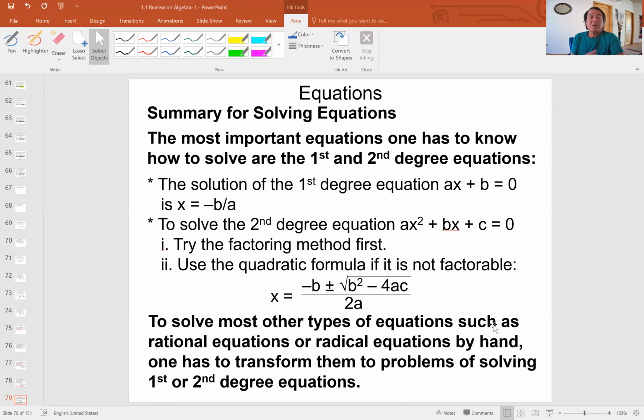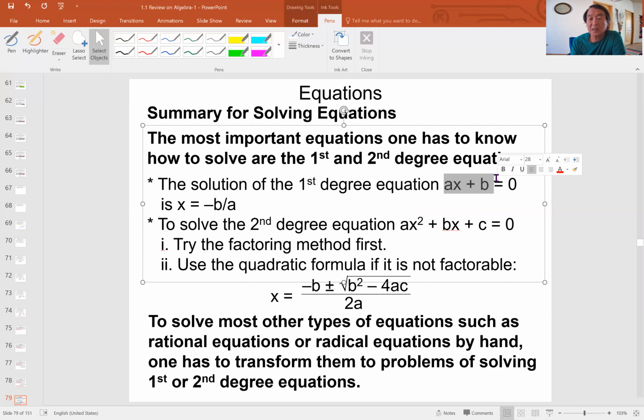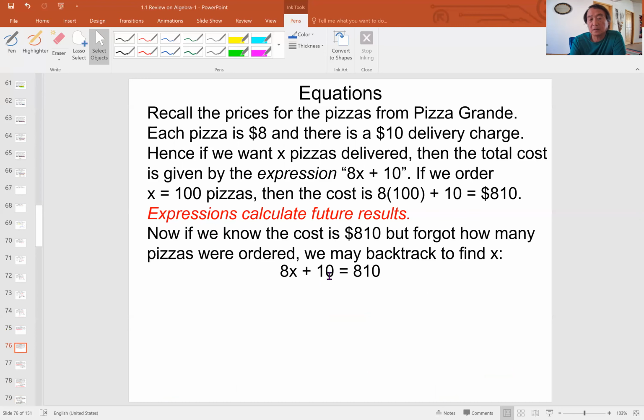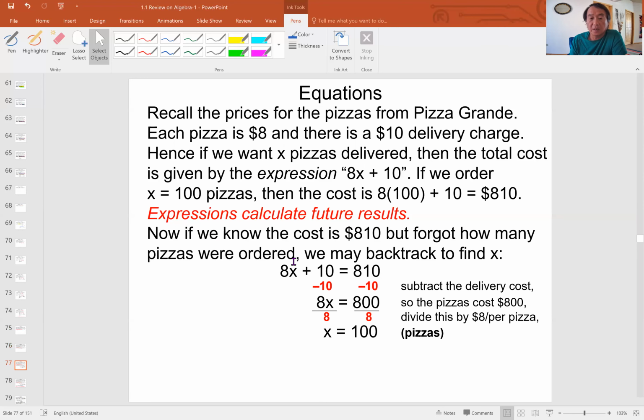Okay. And here's a summary of the equations we are going to solve. Basically, for every equation we're going to solve, we have to reduce it or somehow change it into a first-degree equation like the one we just had, 8x plus 10. This is a first-degree equation, x is first degree.